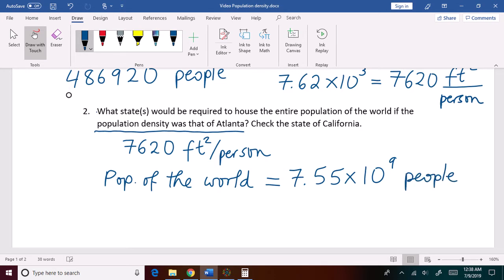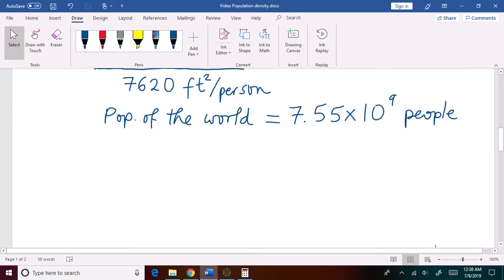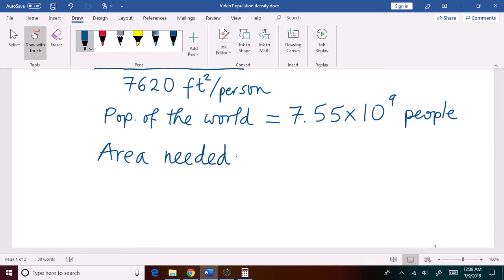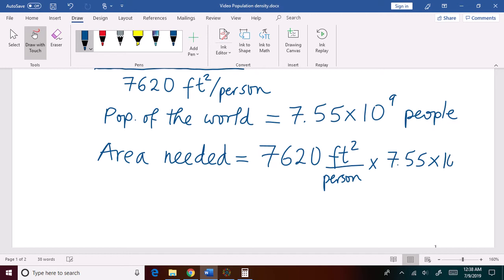Now if you look at the area required, the area needed, this is going to be 7,620 feet squared per person multiplied by 7.55 times 10 to the 9 people.